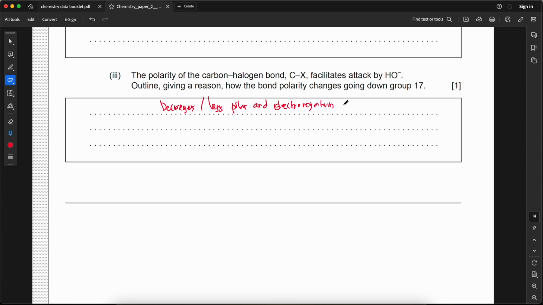electronegativity of halogen decreases down a group. As you go down, the atomic size increases, right? Because it has more electron shells, resulting the attraction between the nucleus and the electron in the outermost shell weaken.